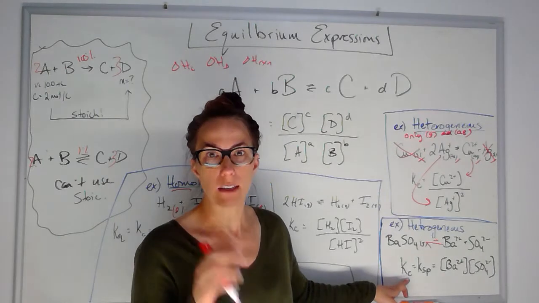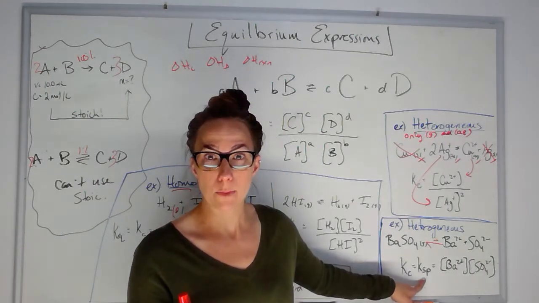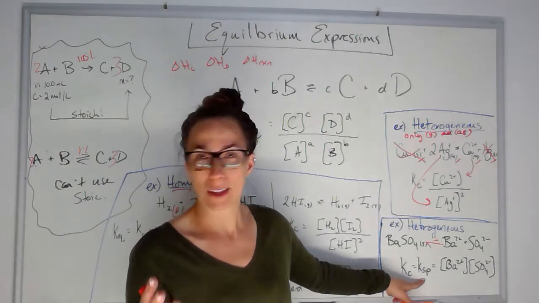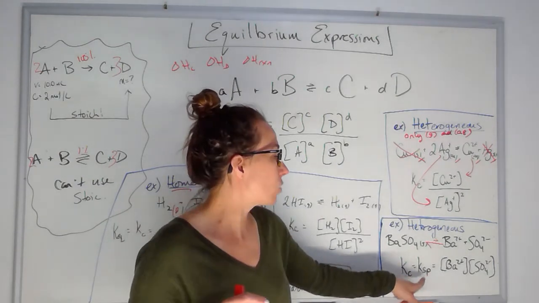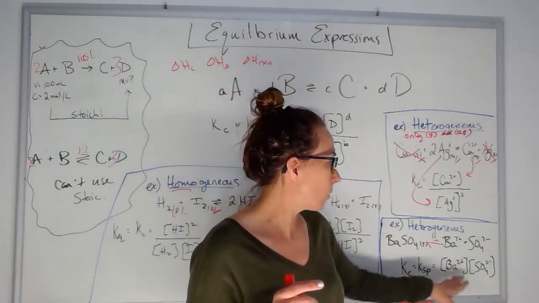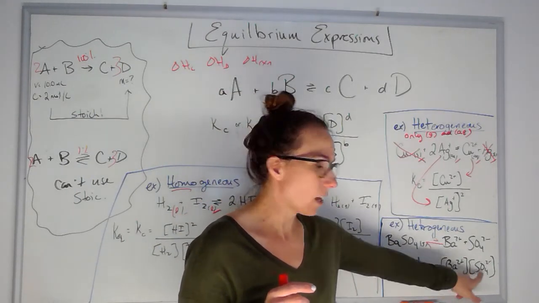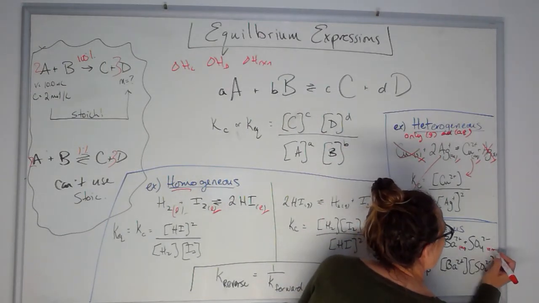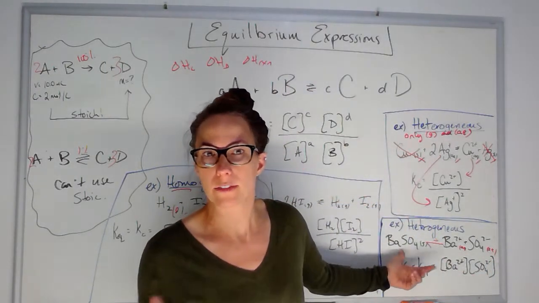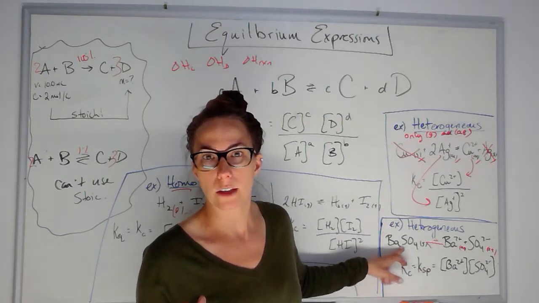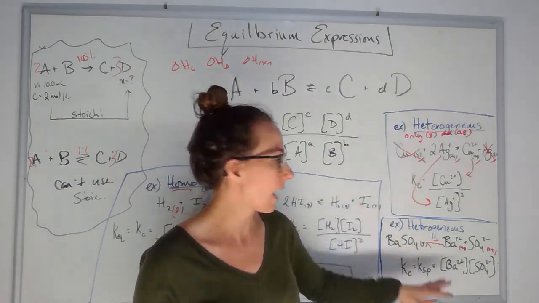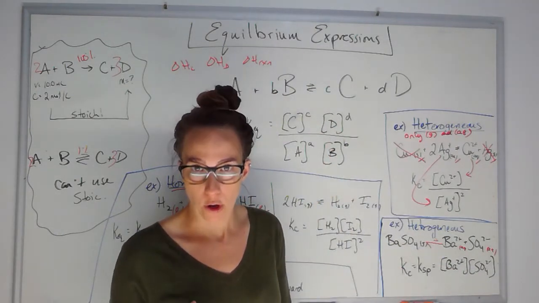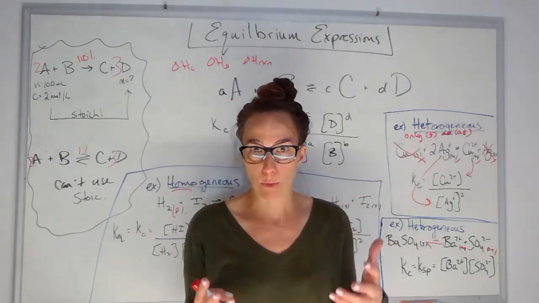And so the Kc concentrations, or Ksp for solubility, would be the two ions, because those are aqueous. Aqueous and aqueous over effectively 1, because I'm not going to include the solid, right? Heterogeneous, only aqueous and gas. So those two are included, but the compound is not. Okay, so that's how you set up expressions.